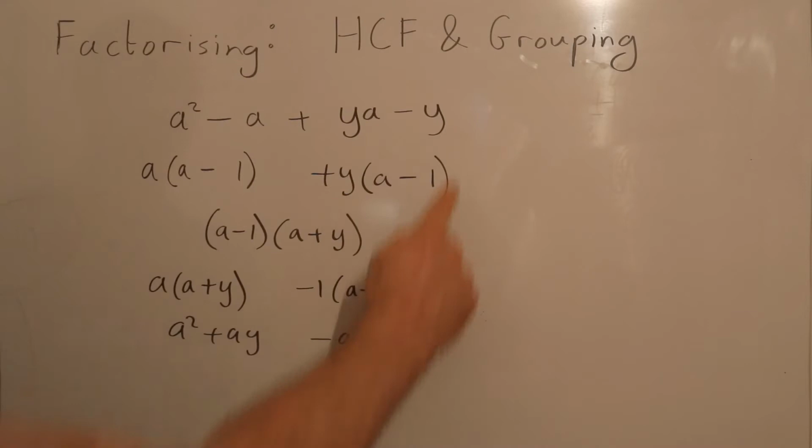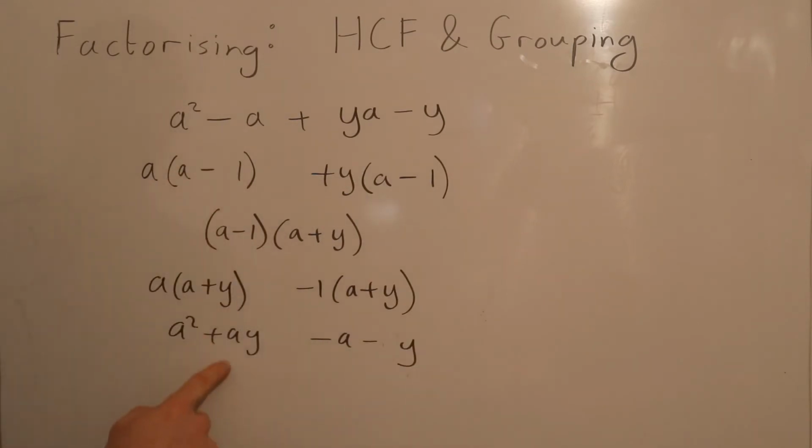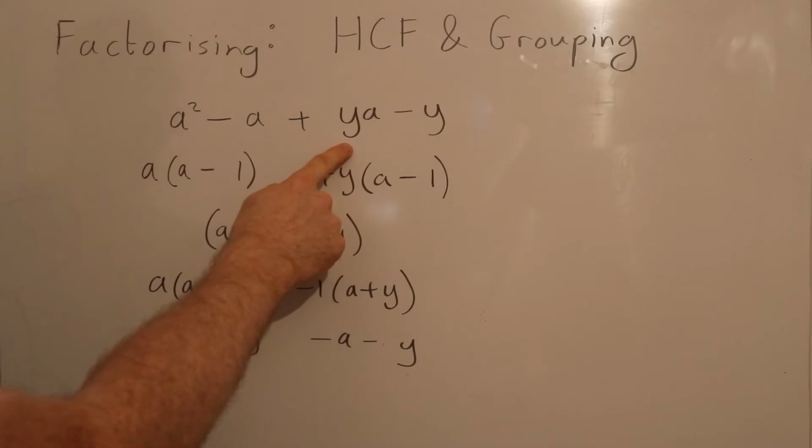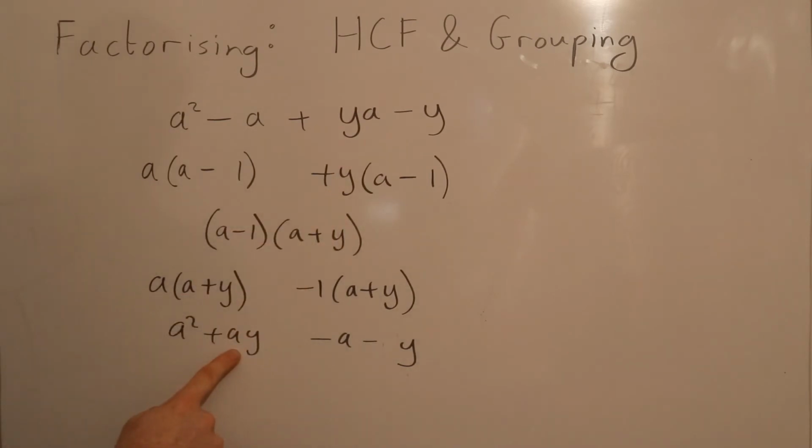We have our minus y, have the minus a, have the plus ay or ya, same thing. They're both plus, so they're the same thing. And we have the a squared. So we could rearrange it if we wanted, so it looks like it does above. We can reverse the y and the a if people feel more comfortable or happier with that. So it looks just like it does above.